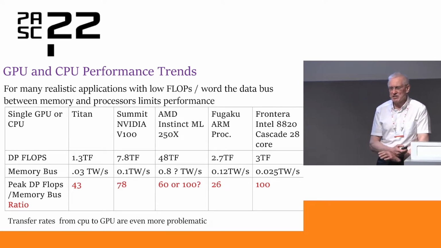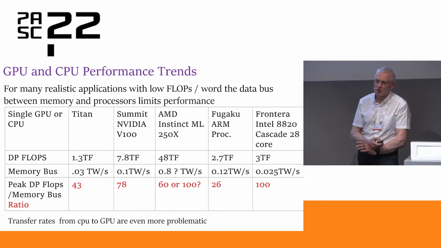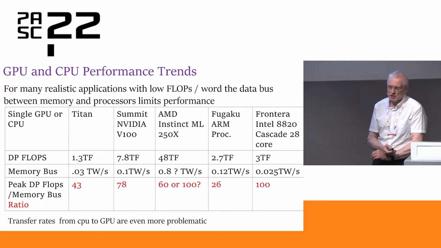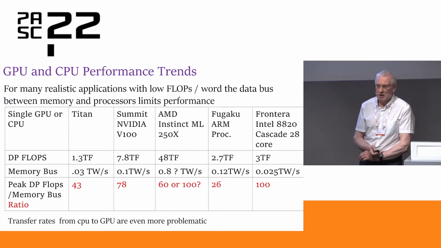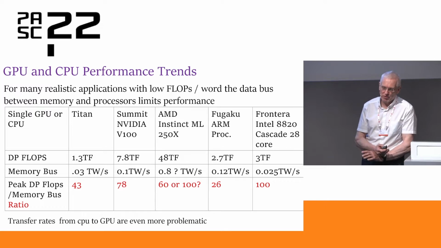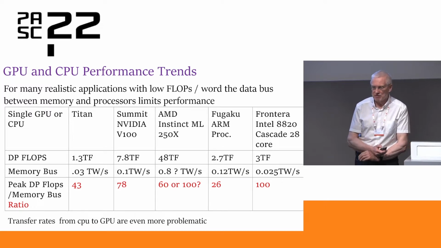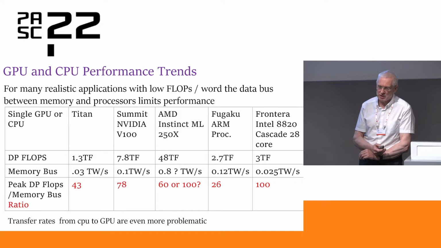And what I've done here is I've listed the double precision peak performance, which ranges from 1.3 teraflops to 3 teraflops or 48 teraflops on some of the architectures, and looked at the memory bus speeds. In other words, how fast can we feed the processing units?